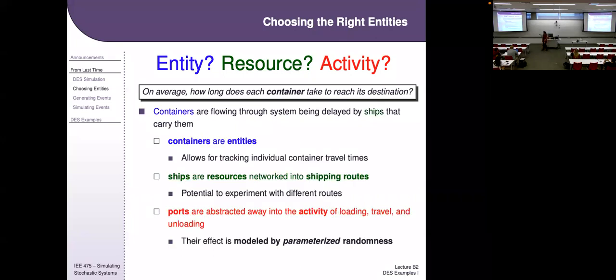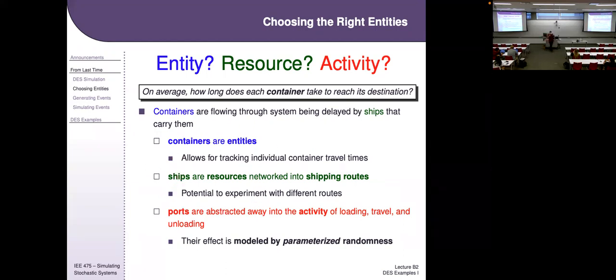So the way I broke it out here is I said, yeah, containers are entities. That allows me to track metrics based on container time. Ships are resources networked onto shipping routes. Ports, in this case, we can abstract away into activities. And so we can say that the activity of loading, travel, and unloading, we can build into the time it takes to get on the ships.